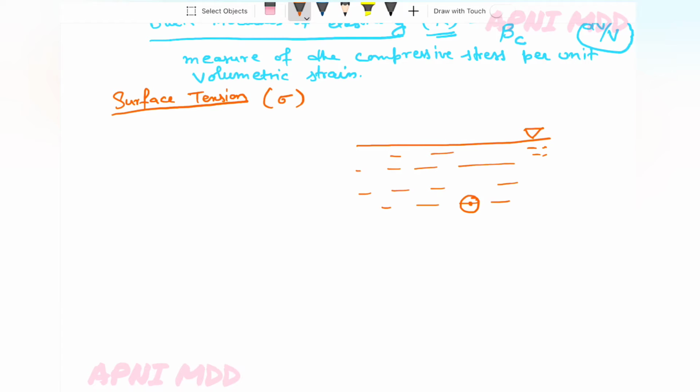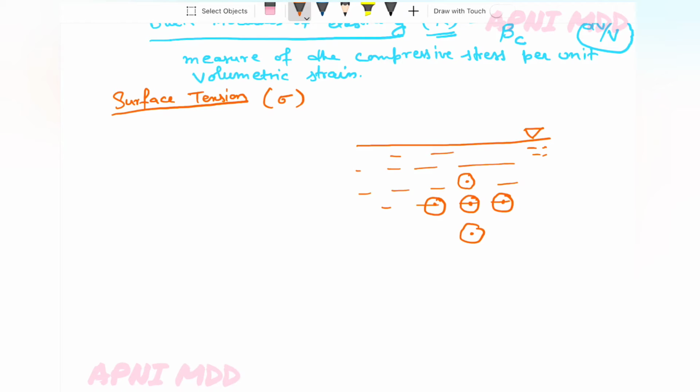So this molecule is surrounded by other molecules. So in between these molecules there is a force of attraction that we call cohesive force.